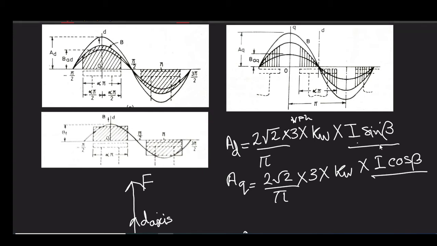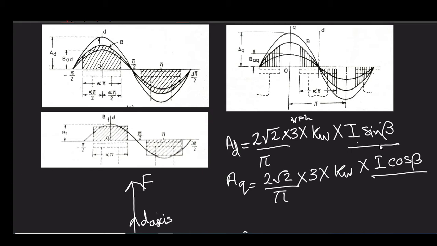There is no physical current of such magnitude that exists in reality. What happens in reality is that we have a single reaction MMF, but that single reaction MMF is experiencing variation of reluctance due to unevenness of the rotor structure.